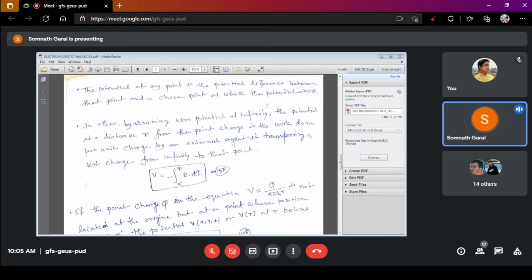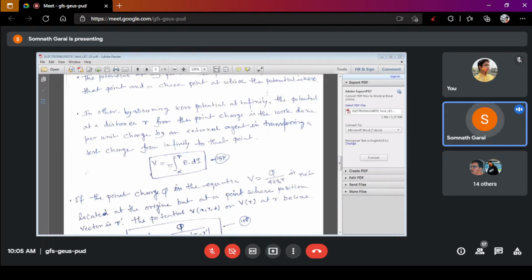So capital V is equal to minus the integration from infinity to r of E dot dl.